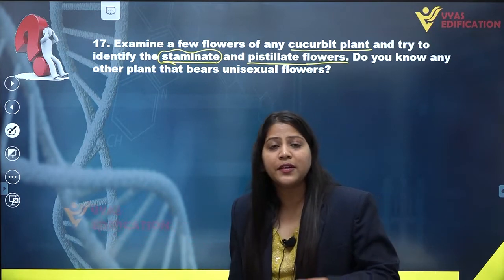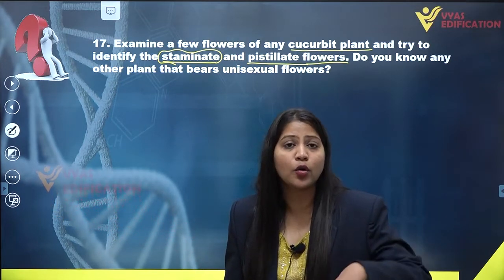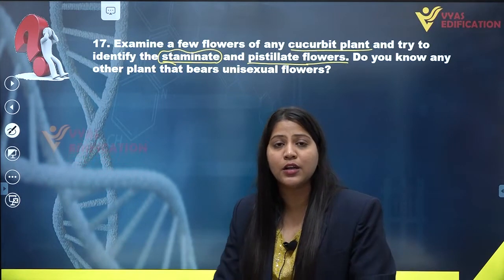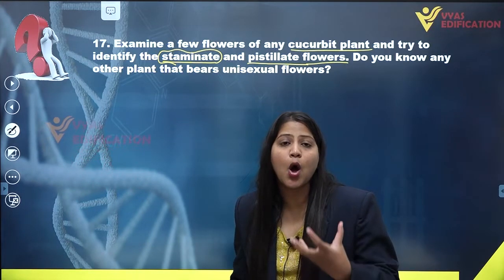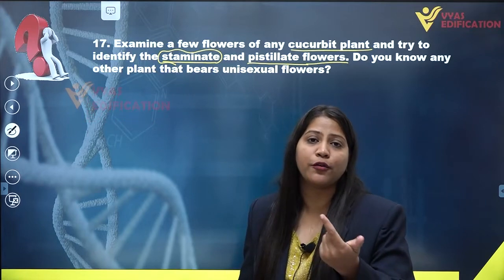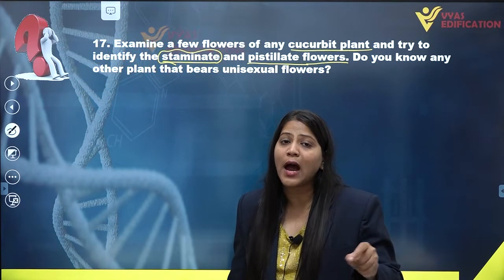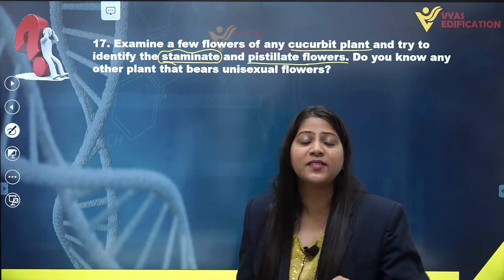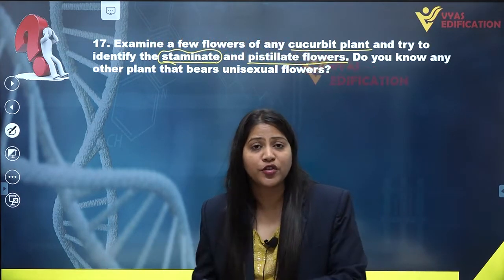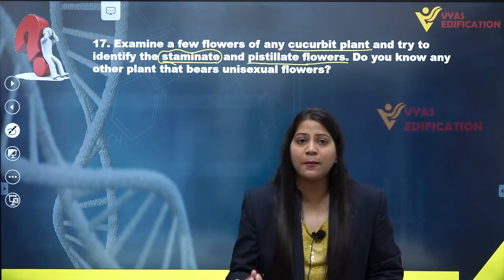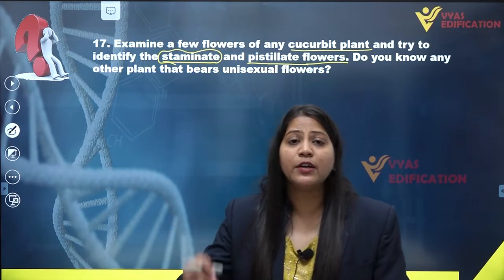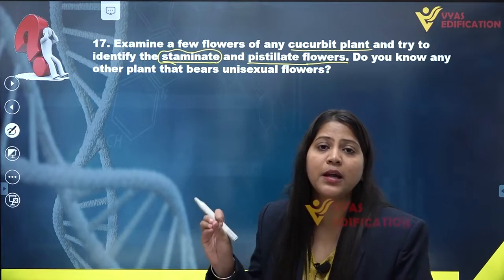If it is a pistillate flower on the cucurbita plant, it will contain bright yellow petals along with only one type of reproductive organ, that is the pistil. That is why that flower is called pistillate, and the flower containing only stamen is called a staminate flower.